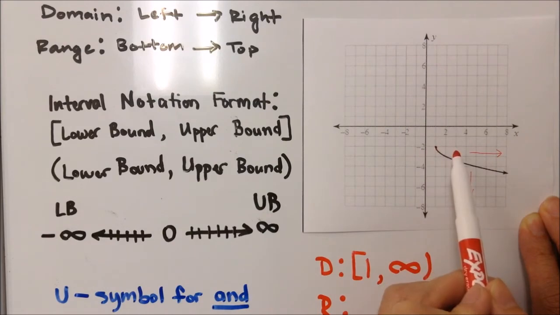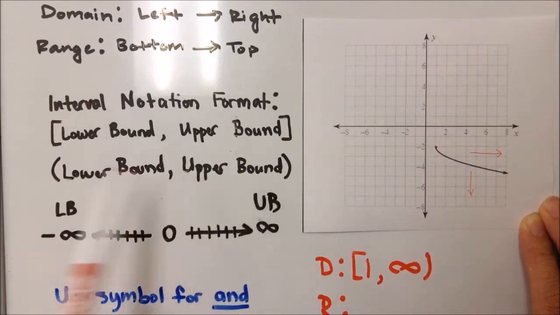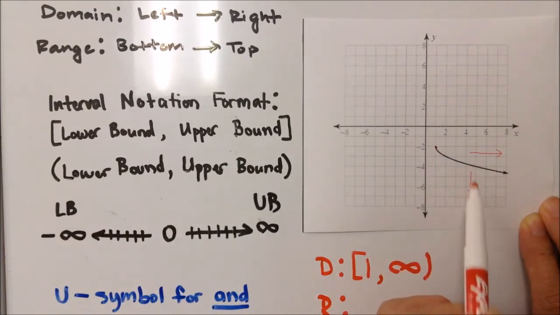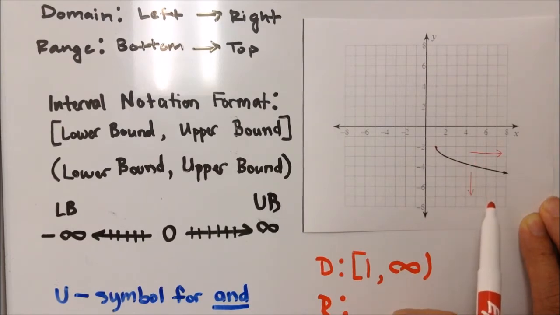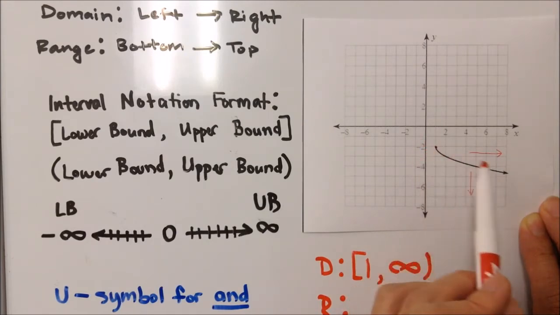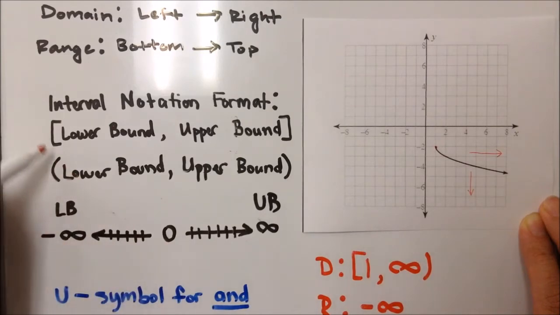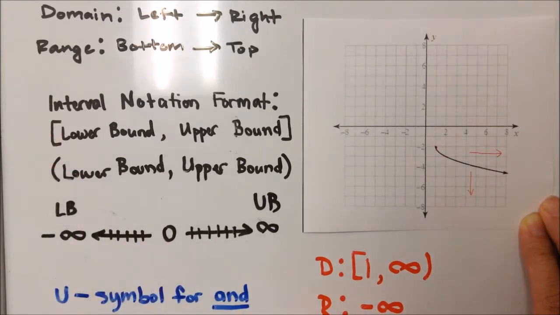Well, actually, let me go back. Lower bound, upper bound. If we look at the down arrow going downwards continuously, it's going towards negative infinity. If we compare negative infinity and -2, the lowest value is negative infinity. So we're going to put negative infinity first, because following the format, lower bound.